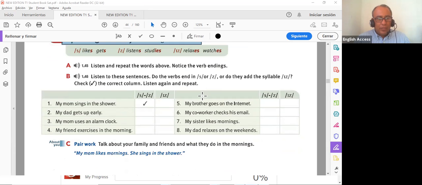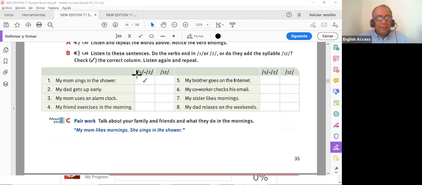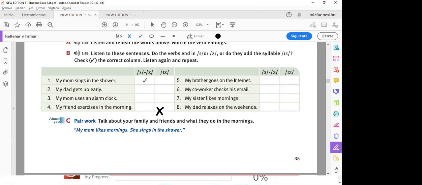So here we are going to identify which sounds are with each sentence. For example, my mom sings, S or Z. For number 2, Page 35. Speaking naturally. S endings of verbs. B. Listen to these sentences.